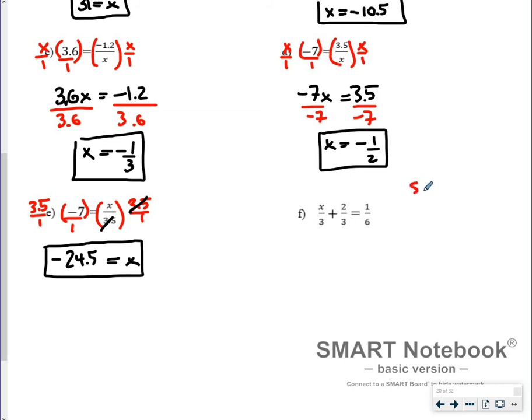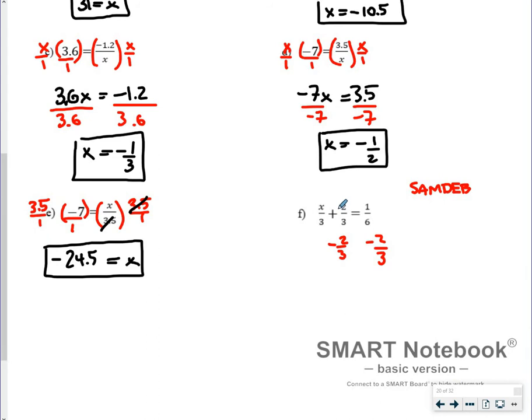So if I'm working through SAMDEB, again, that's not like an absolute rule, it's just a good rule of thumb, generally helpful. I want to get rid of this first. So adding 2/3, the opposite of adding 2/3 is subtracting 2/3. So I do that to both sides.